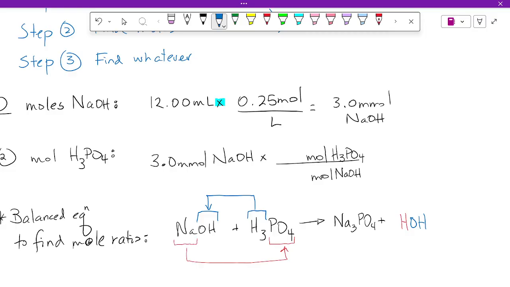If you have any trouble figuring out the products, it works like a double replacement reaction.